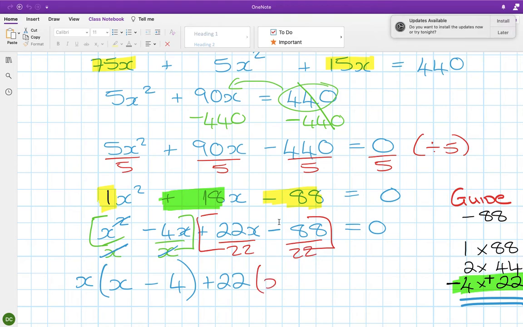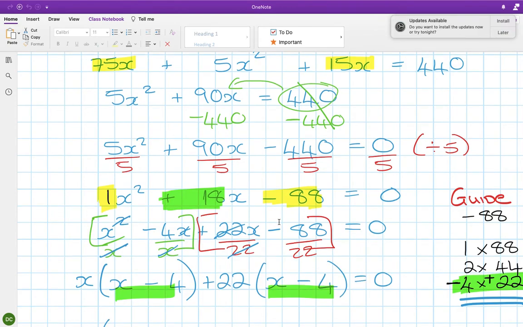So 22 divided by 22, they cancel, so I just have x. 88 divided by 22 is 4. You write down the common bracket, so it's x minus 4. And then in another bracket, I put these bits, which is x plus 22.